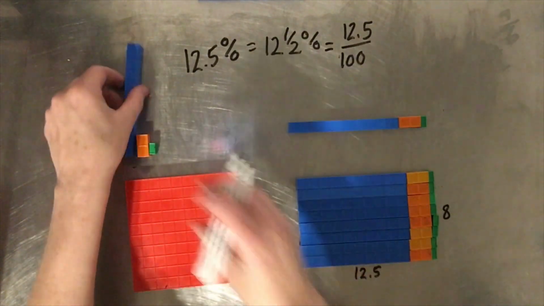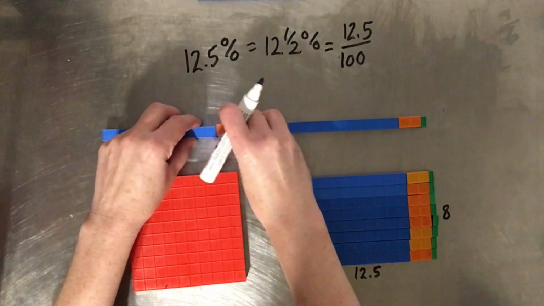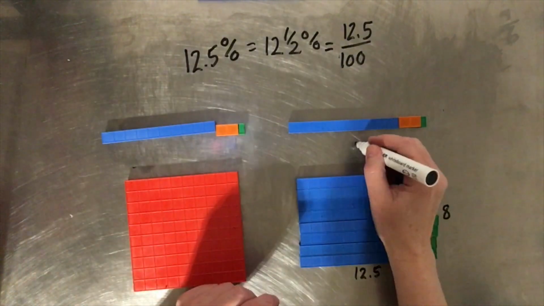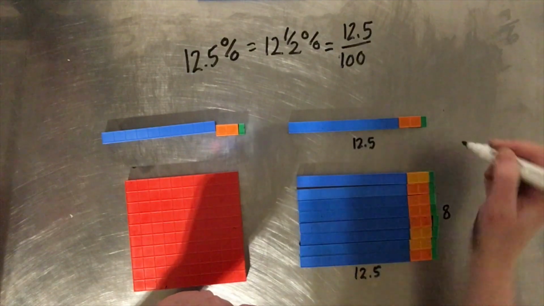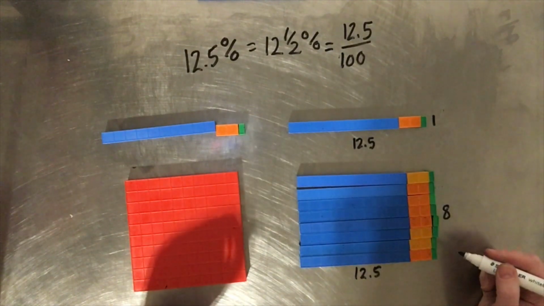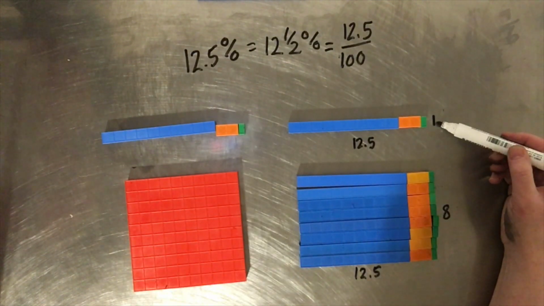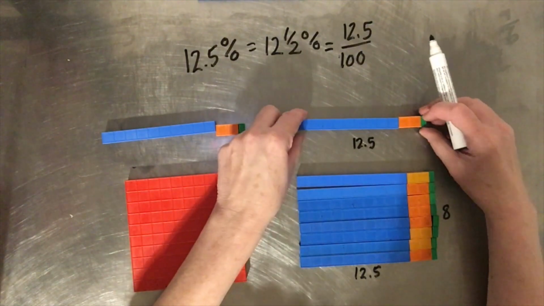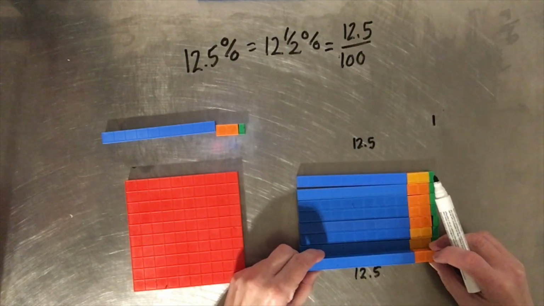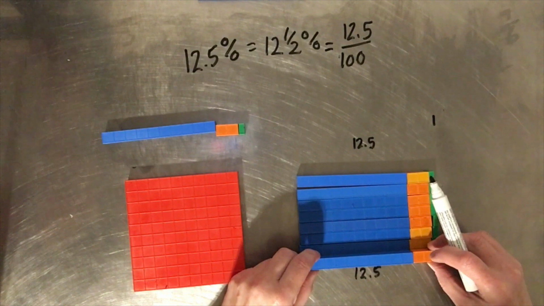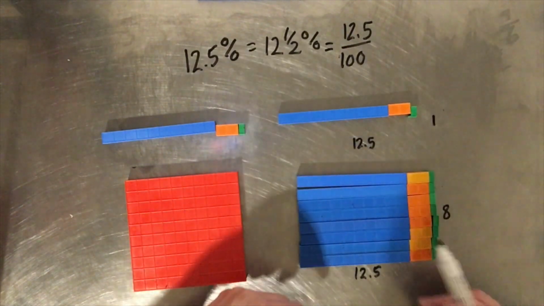And so it's 12.5 across, and it's 1 up. So right away I can see that my fraction is going to be 1/8, because it's really one of those 8 pieces, one of those 8 12.5 pieces. Can you see that?